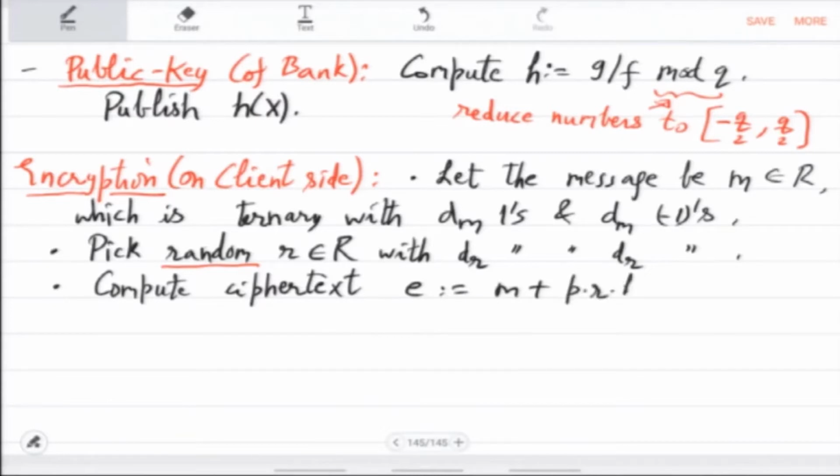The garbage is this, and go mod q. Okay, so that's the string e, which will be sent to the bank. This is the ciphertext. Now, since an adversary will not know r, it seems fair to say that for an adversary, finding m from e does not look easy. So send it to the bank over an insecure channel.